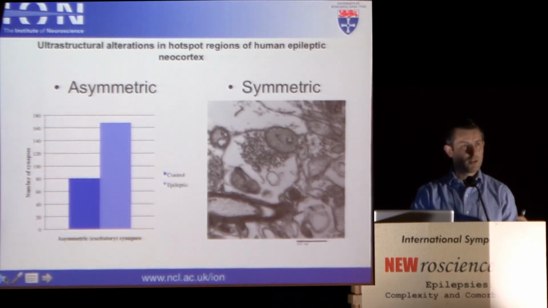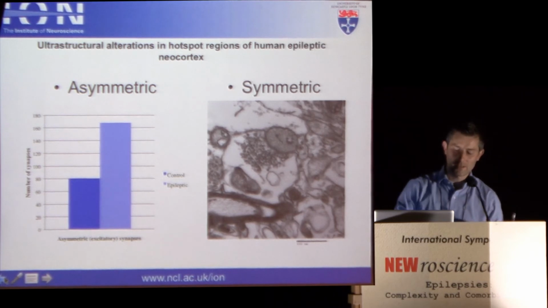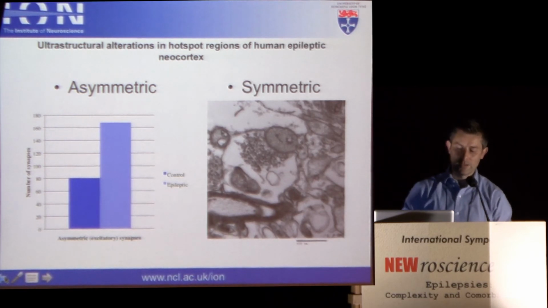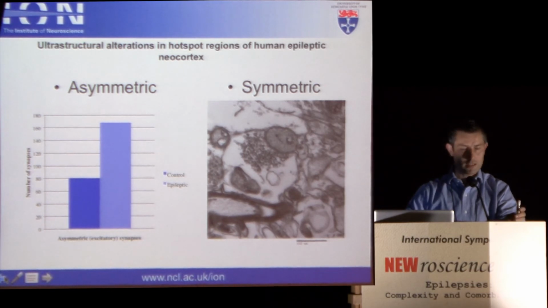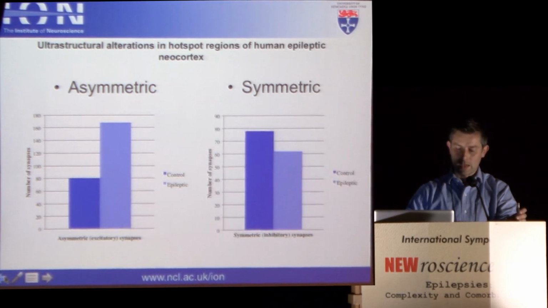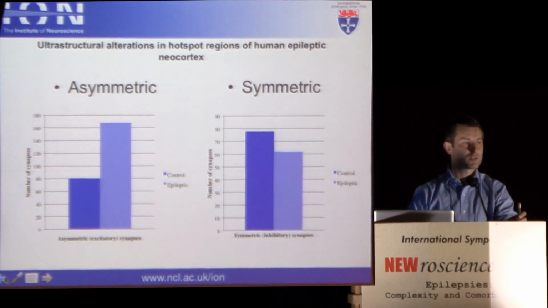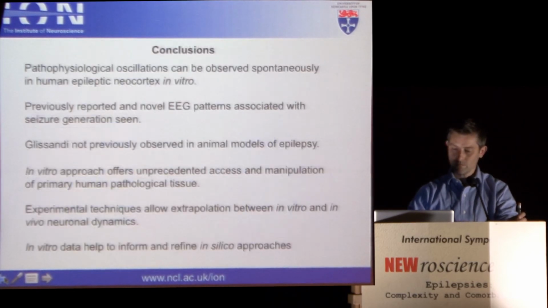Our initial, and I would say preliminary, analysis suggests that there is an increase in the asymmetric excitatory synapses and a subtle decrease in the inhibitory synapses. But again, we're using this technique hopefully to be able to discern between the axon initial segment targeting parvalbumin positive terminals as opposed to the perisomatic positive terminals.